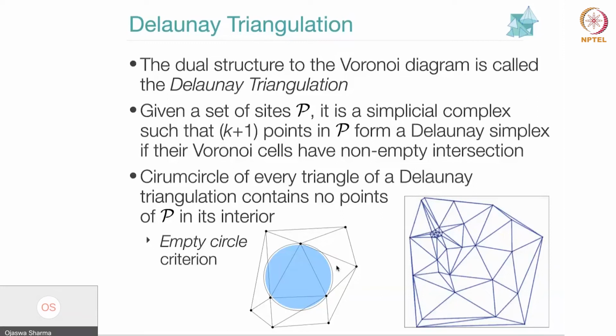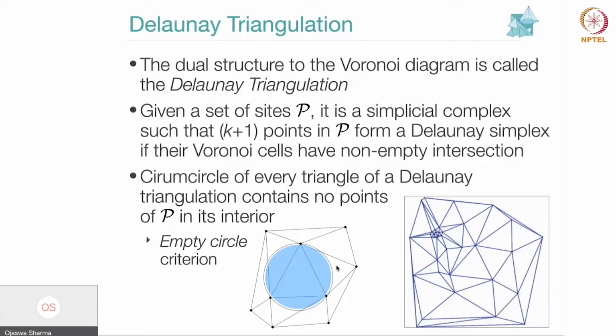So for 3D, a simplex is a tetrahedron. You don't have a simpler object than a tetrahedron in 3D. In 2D, a simplex is a triangle, and in 1D, what would be a simplex? A line segment.